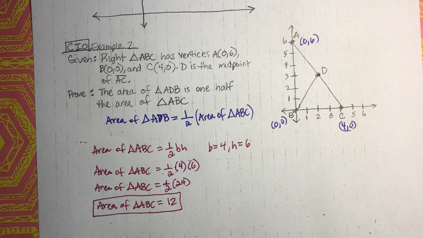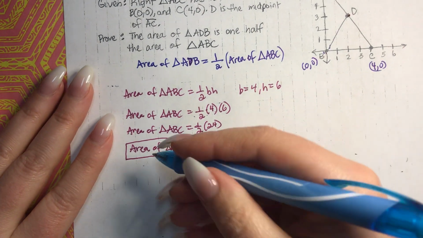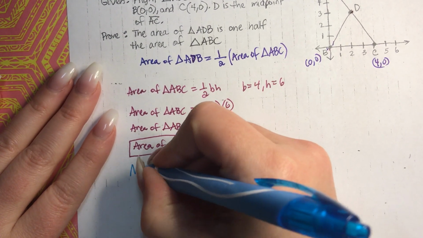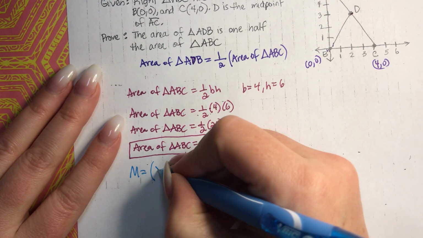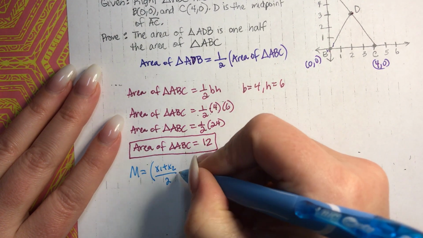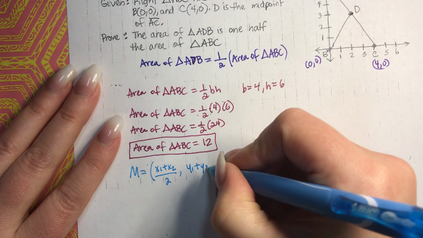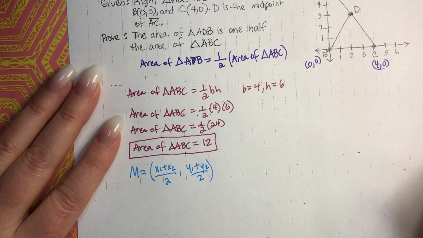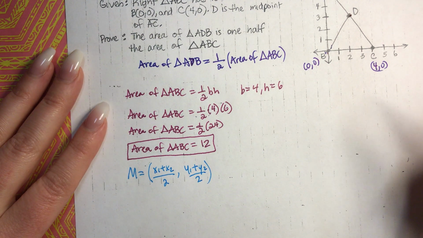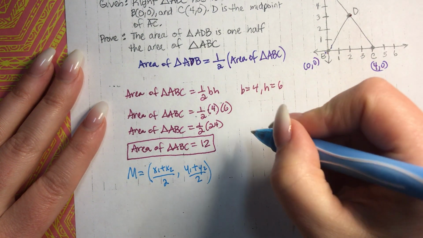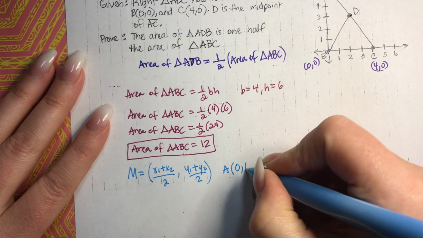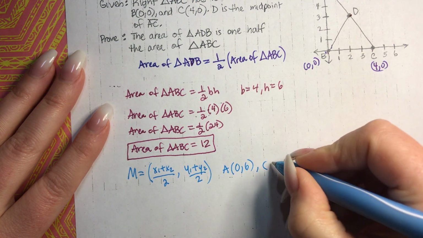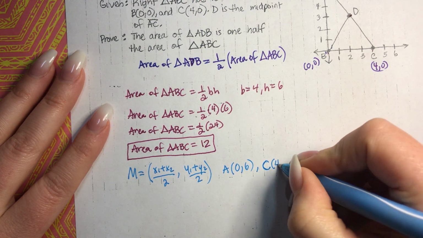Midpoint, midpoint, midpoint. All right, so for the midpoint, we're going to use that midpoint formula, right? So the midpoint is going to be (x1 plus x2) over 2, (y1 plus y2) over 2. And what are we doing? A and C. So we'll say A is (0, 6) and C is (4, 0), right?